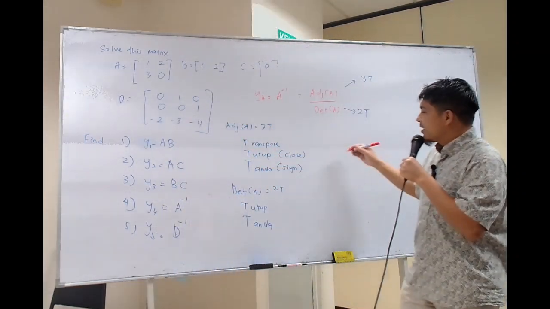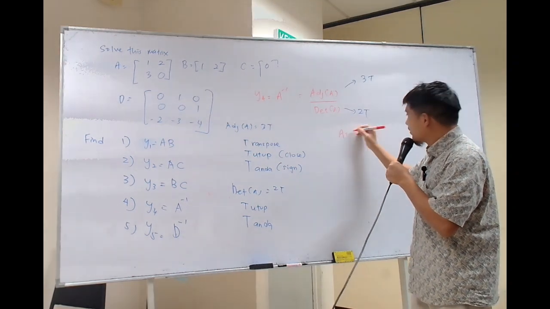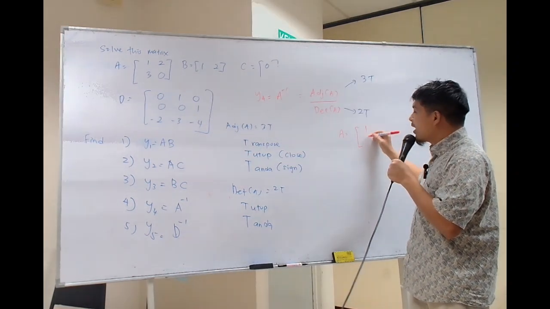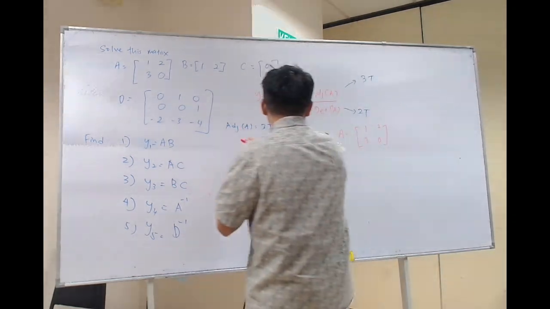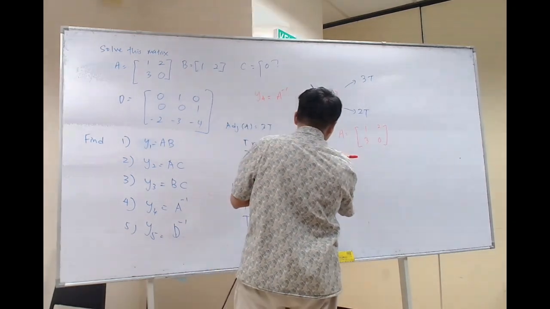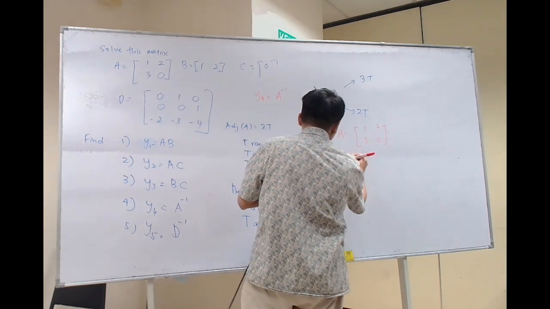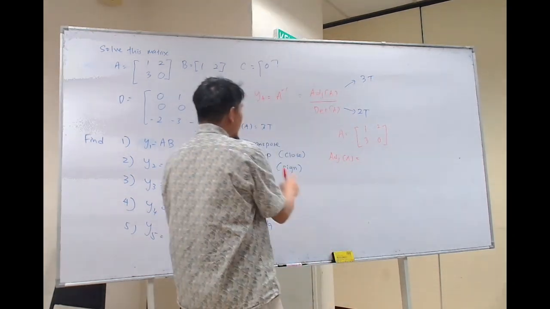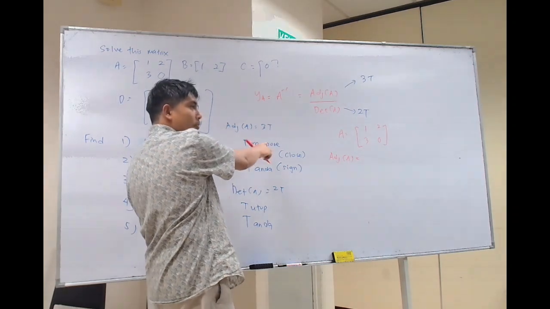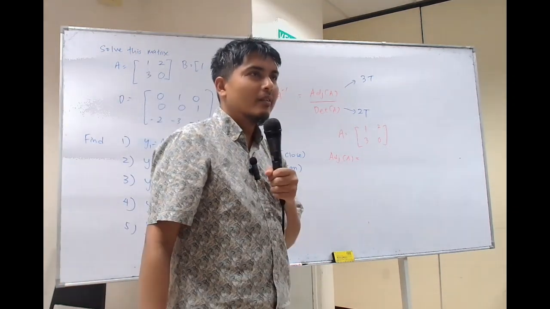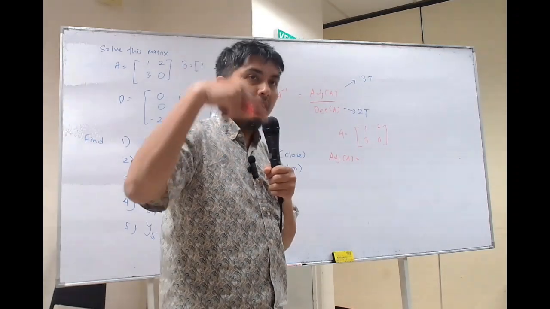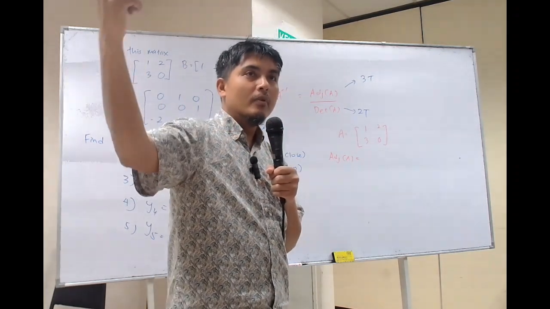So you look at A, 1 3 2 0. Now we want to calculate adjoint A. So firstly, we need to do the transpose. What is the meaning of transpose? Row become column, column become row.